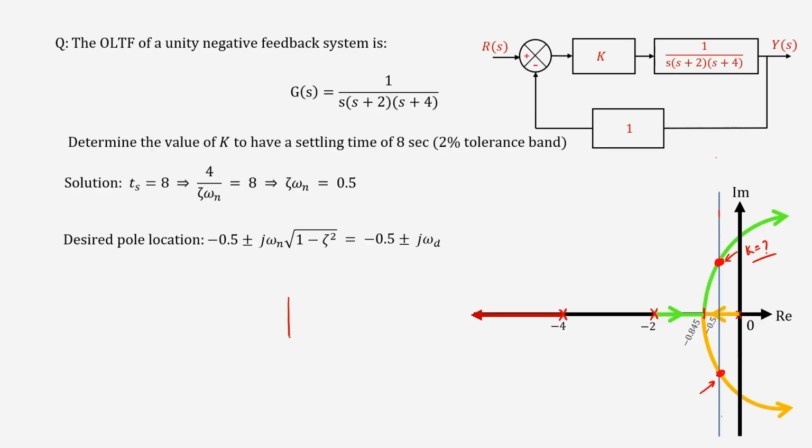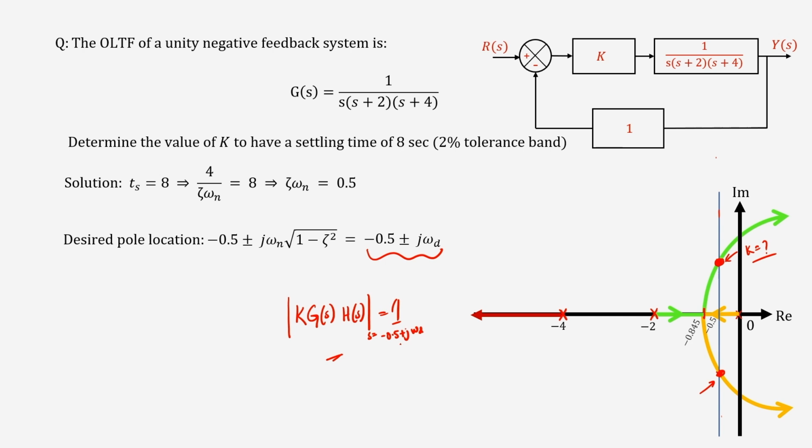Now the question is, how do I find the value of k? Can I use the magnitude criteria? Suppose I use the magnitude criteria directly. It says that k G(s)H(s) equals 1 at s equal to the desired pole location. The problem here is the desired pole location is -0.5 plus minus j omega d.